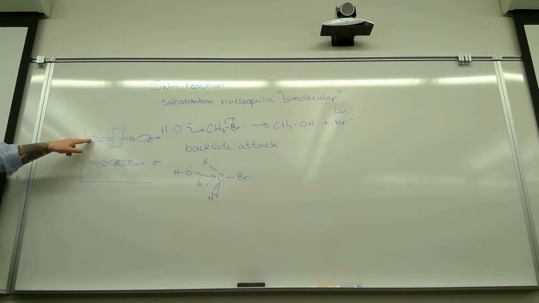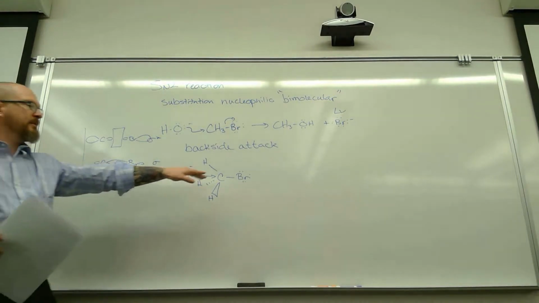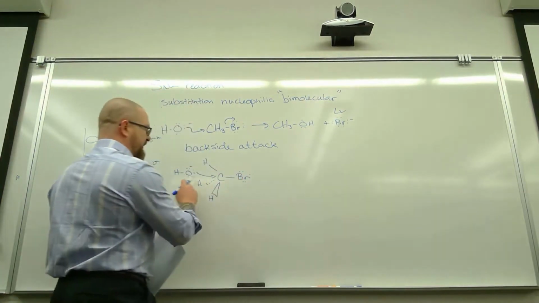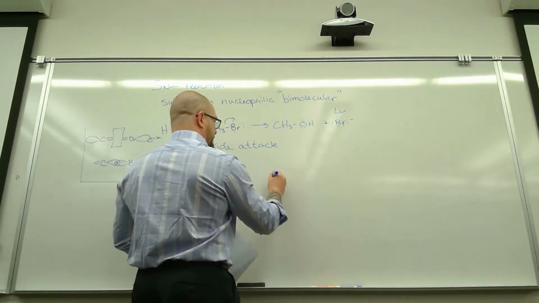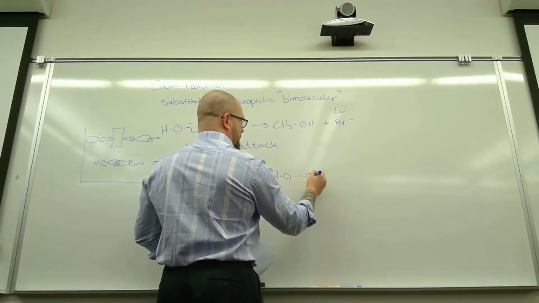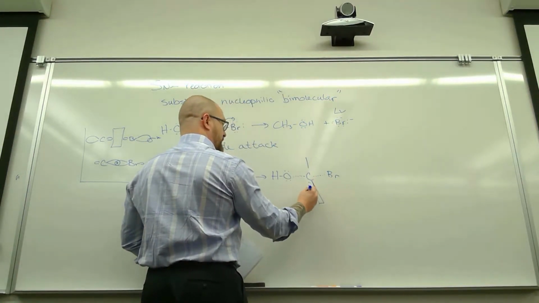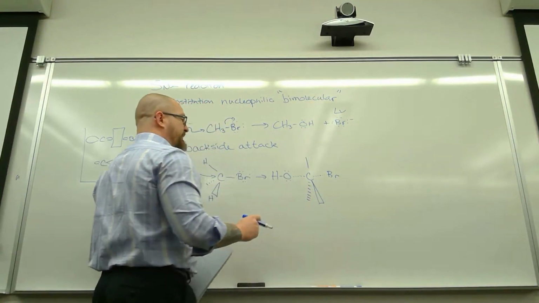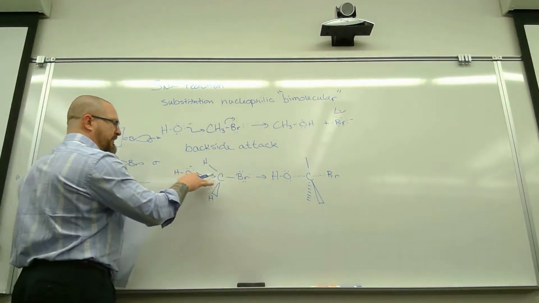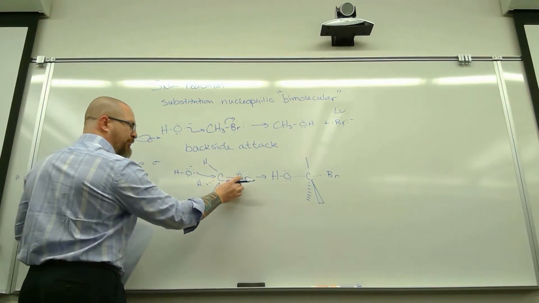That doesn't mean we can't put electrons here. If we have electrons being shared between the carbon and the bromine, like we do here, and we want to start forming a bond here and breaking a bond here, we get something that looks like this, where as these electrons come in and start to form this bond, that exceeds the octet on this carbon, so it starts to break this bond.